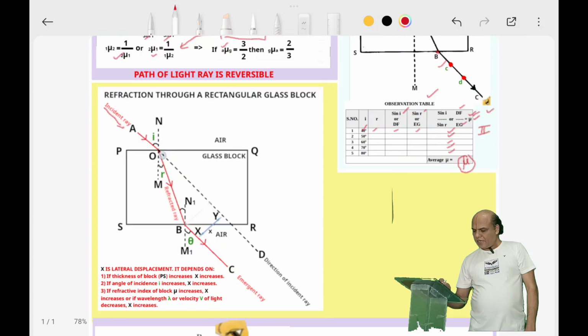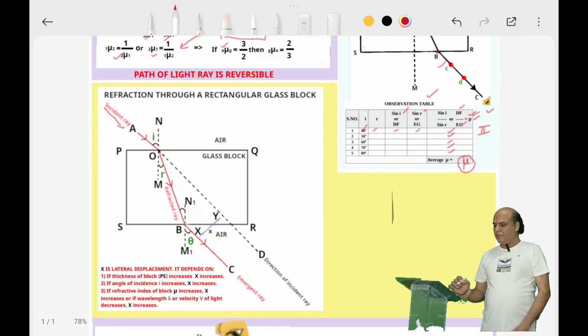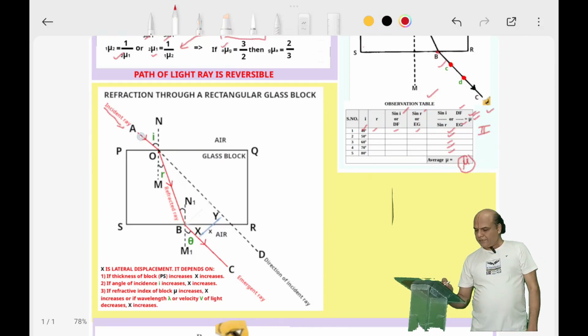The light ray is getting refracted along OB, and then when you see from this side, BC would be your emergent ray. So incident ray AO, OB refracted ray, emergent ray BC.